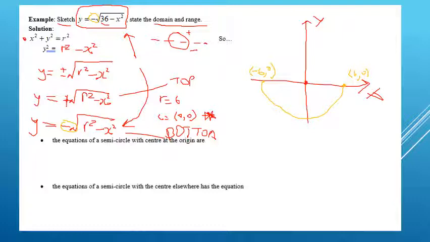So this coordinate straight down would be 0, negative 6. And that's the graph we're being asked to draw. If we had the positive square root, then we would end up with that blue semicircle going through the coordinate 0, 6 up there.